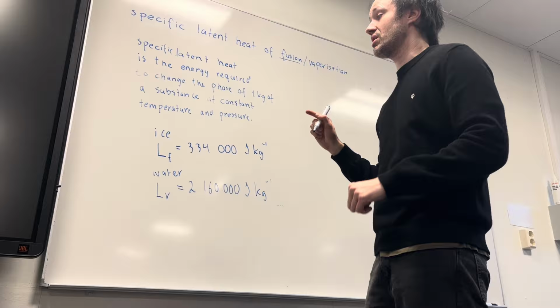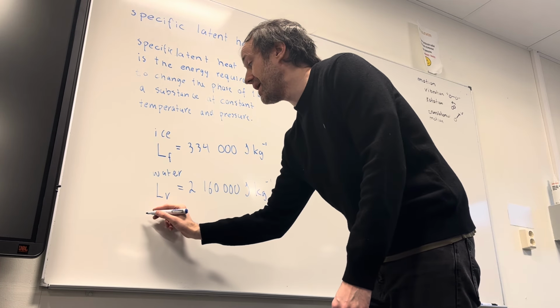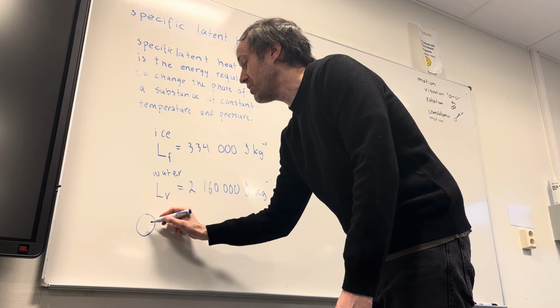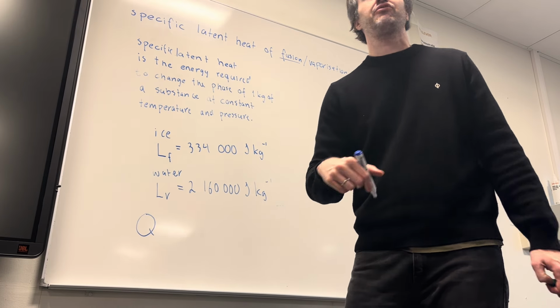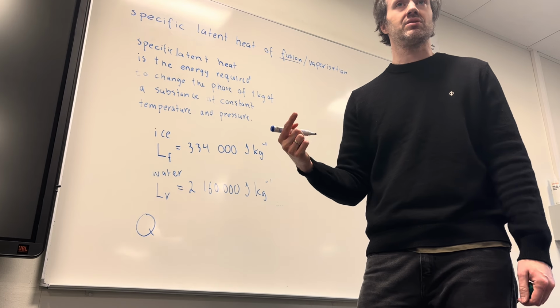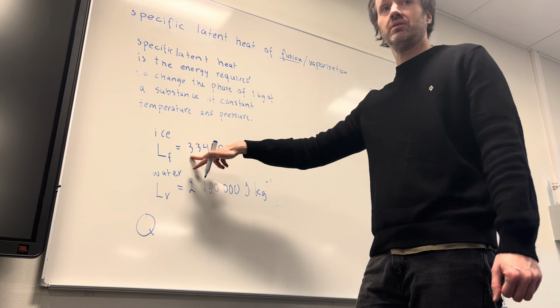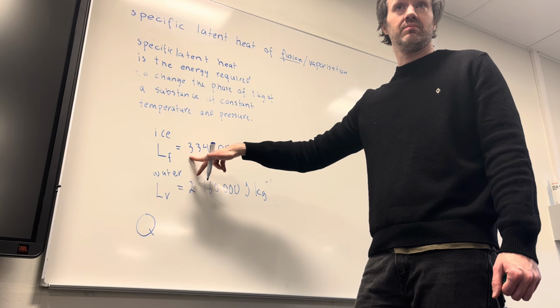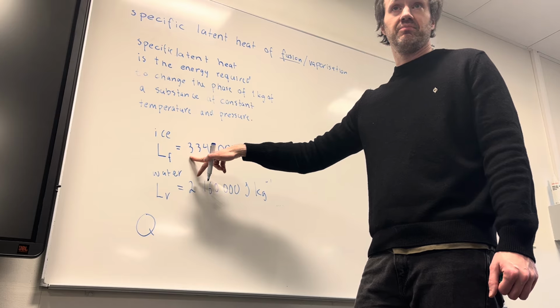So if we want to talk about the amount of energy required in terms of a formula, if you want to find how much energy is required to melt 5 kilograms of ice, you would take that number and multiply it.